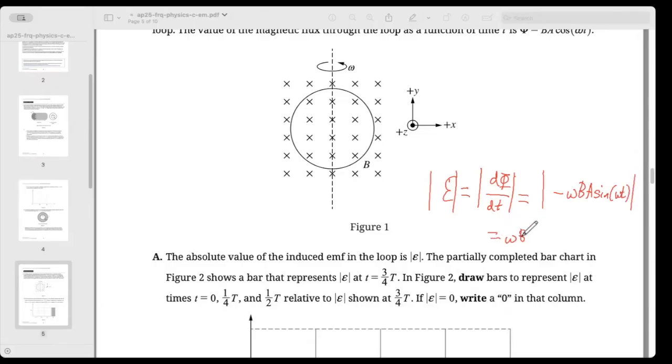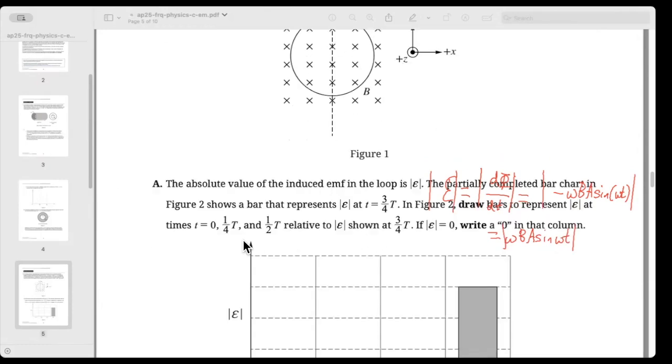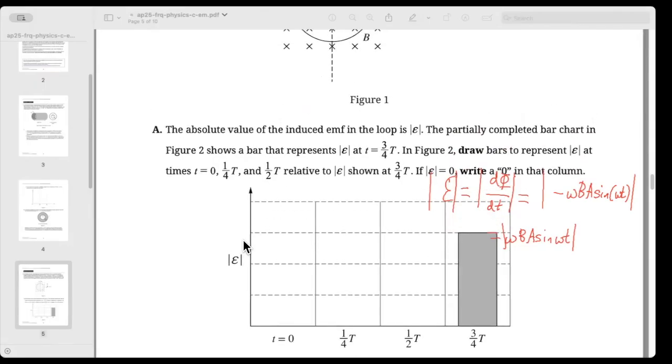So omega BA sine of omega t. Notice that we are plotting the absolute value, so we're going to keep it like that. All right. So at time t equal to 0, you should have a 0 induced voltage according to our function that we just did. So let's go ahead and write 0 there.